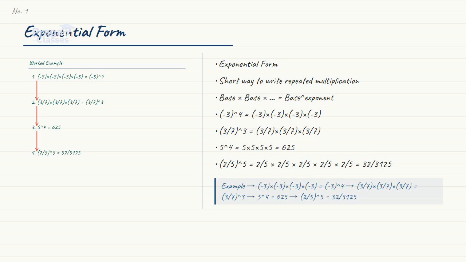And when we actually crunch the numbers, 5 to the 4th power means 5 times 5 times 5 times 5, which works out to 625. For the fraction 2/5 raised to the 5th, you multiply 2/5 by itself 5 times, that gives 32 on top and 3125 on the bottom. This is the language we'll use for everything coming up.